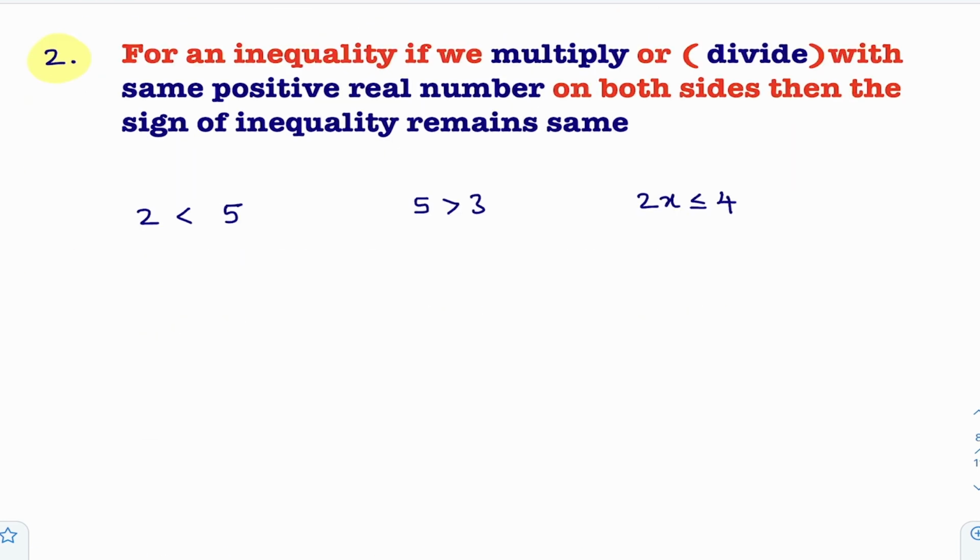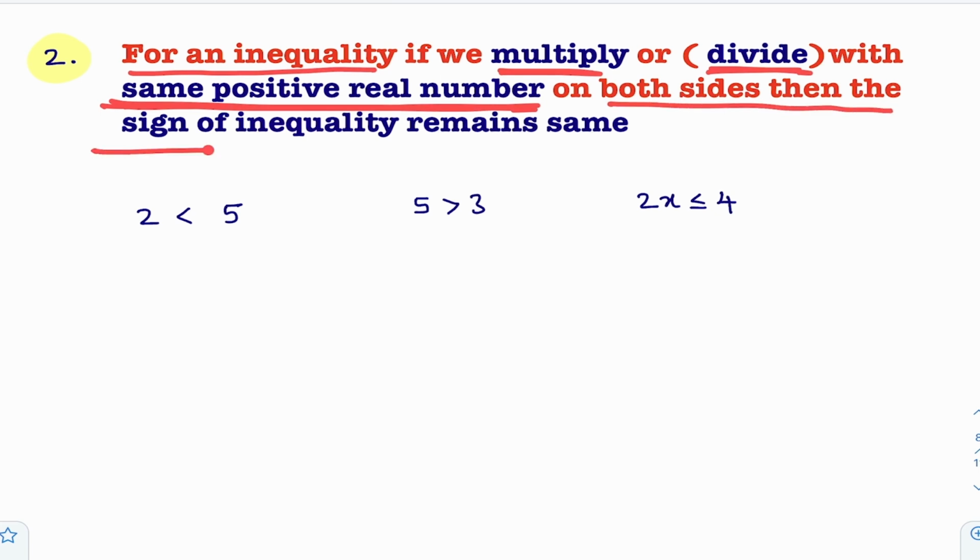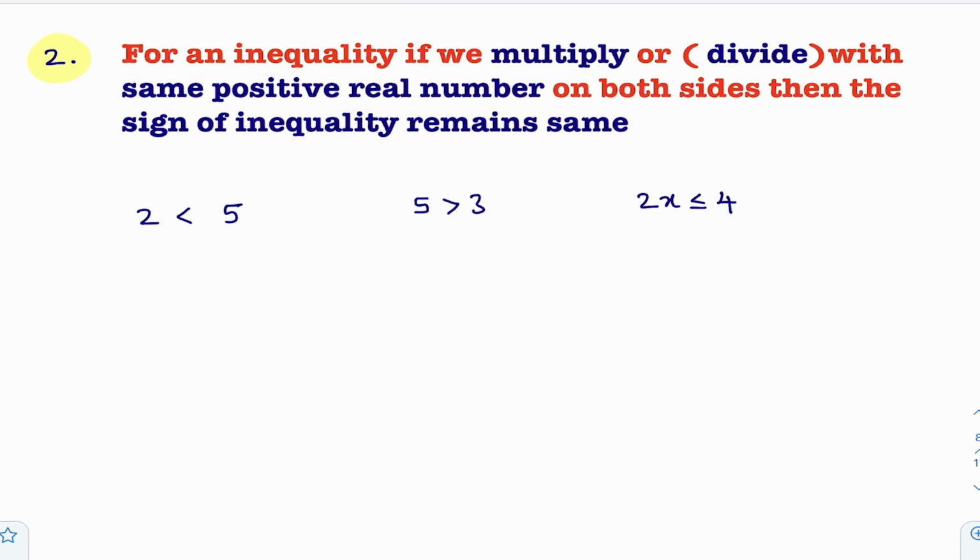Second, you observe: for an inequality, if we multiply or divide with the same positive real number on both sides, then the sign of inequality remains the same. Here we are multiplying or dividing with the same positive real number.